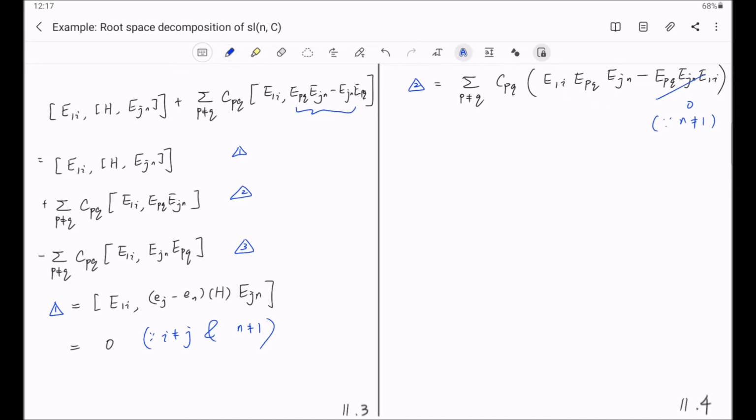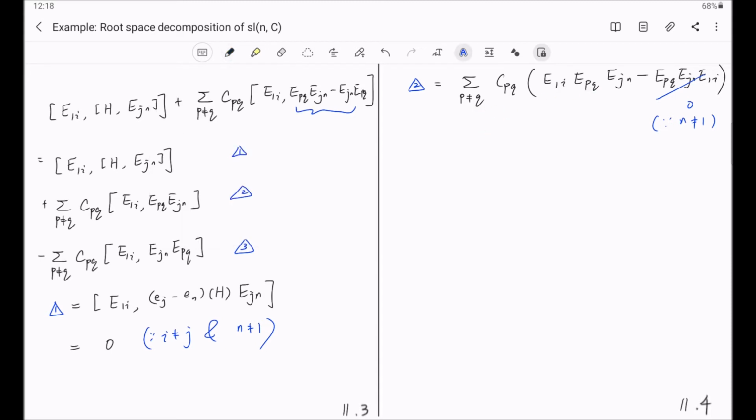But this part could be non-zero, because if p is equal to i, while q is equal to j, then the product of those three things will be equal to E sub 1n by the matrix multiplication. That case could happen because the sum ranges over all pq where p is not equal to q.